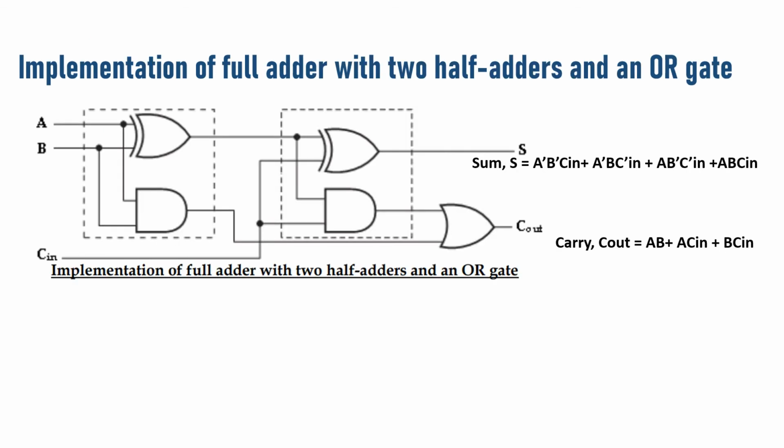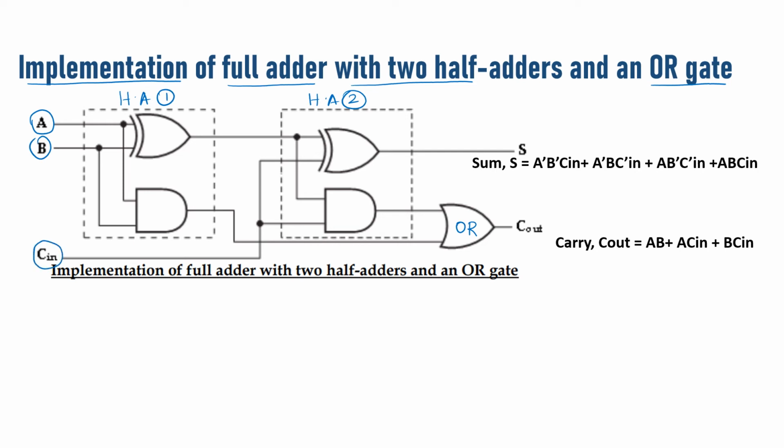Now we are going to discuss the implementation of full adder with two half adders and an OR gate. So here we are using two half adders, half adder 1 and half adder 2, and one OR gate. Here the inputs are given as A and B, and we have one more input, C in.